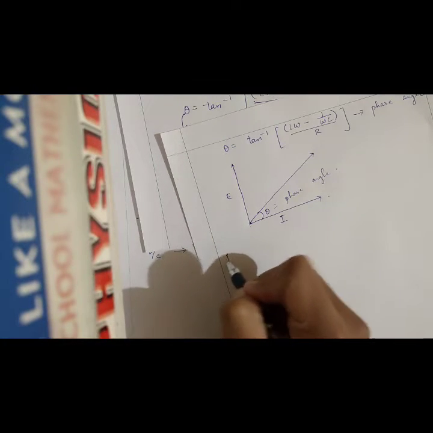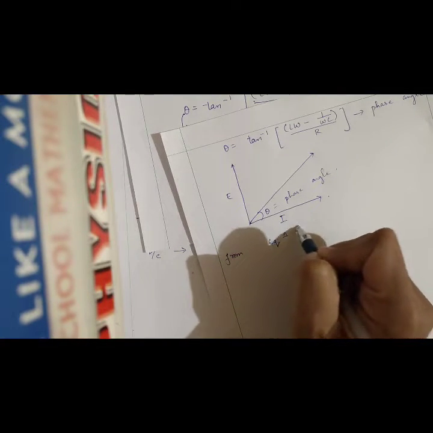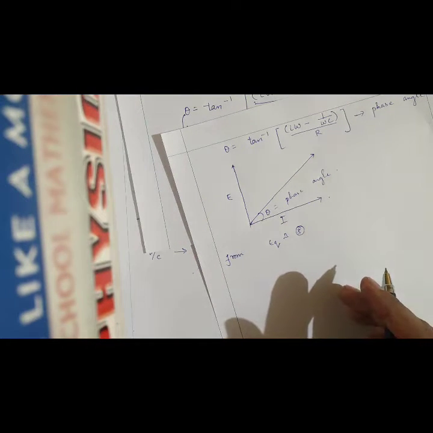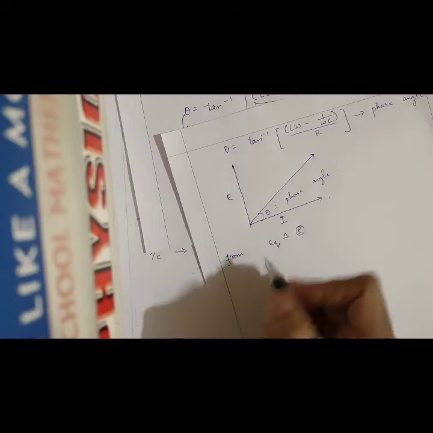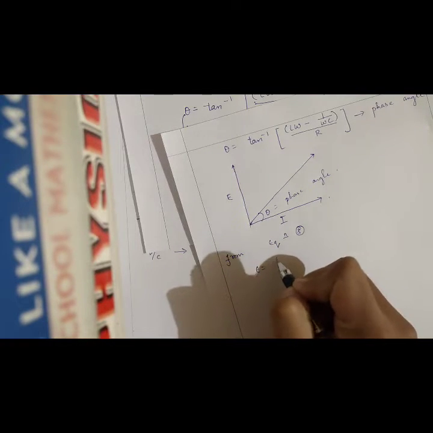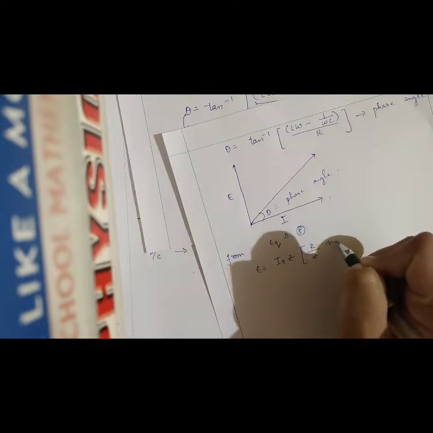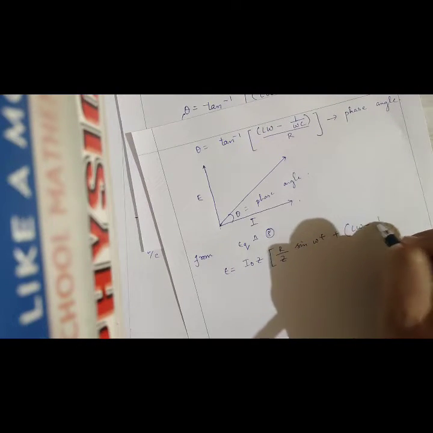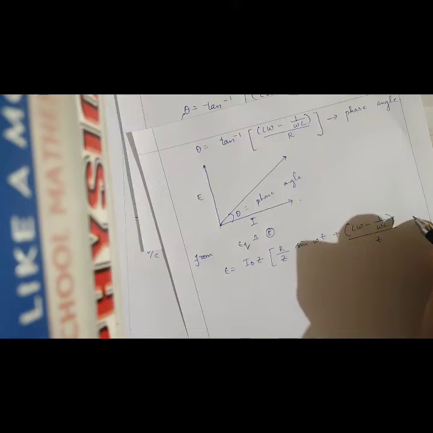Now from equation number 8, and what is our equation number 8? Equation number 8 is nothing but equal to I naught Z, R by Z sin omega t plus (L omega minus 1 over omega C) by Z cos omega t.